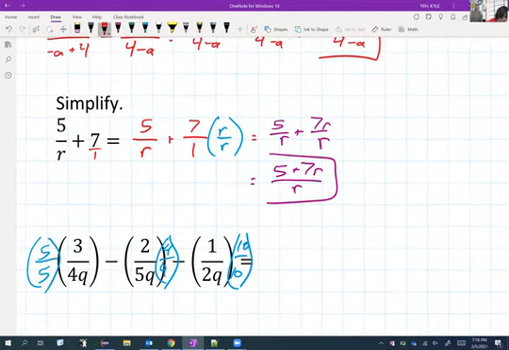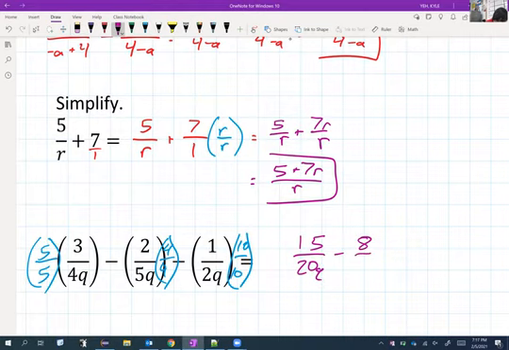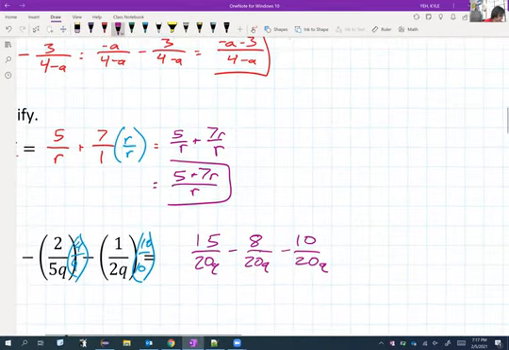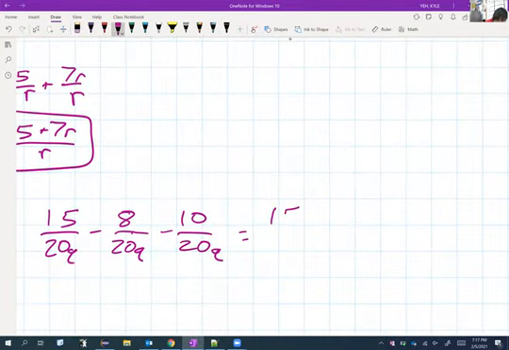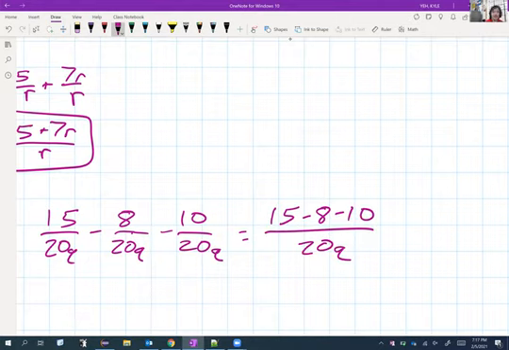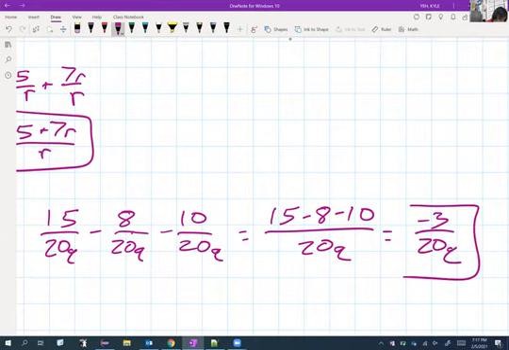Should get me to 20q, meaning that I now have 15 over 20q minus 8 over 20q minus 10 over 20q. And since they all have a common denominator, we can put them over that same common denominator and then just simplify. 15 minus 8 is 7, minus 10, negative 3 over 20q.